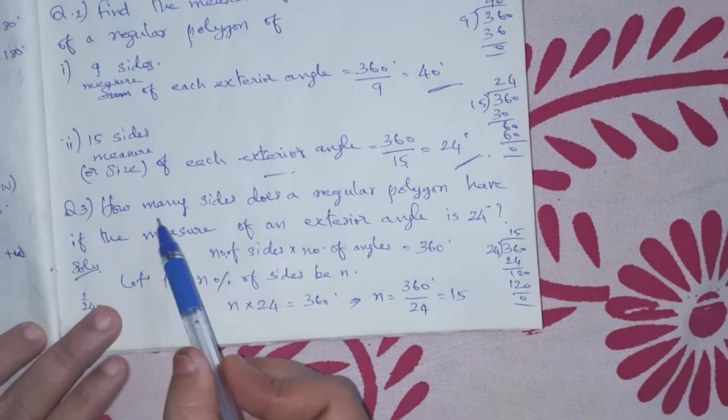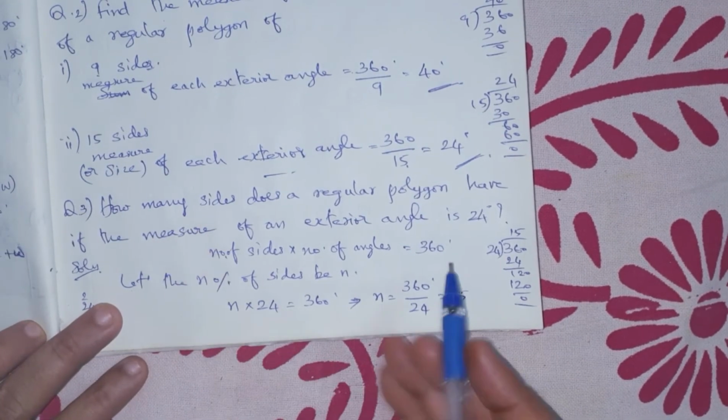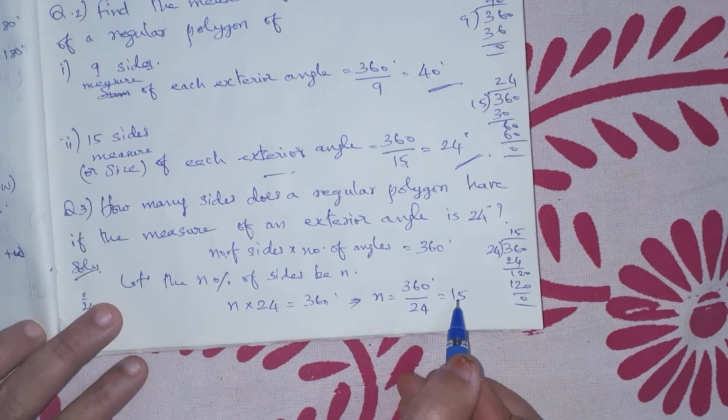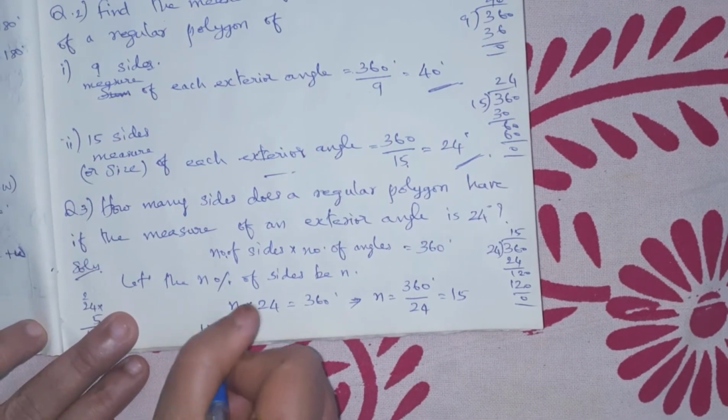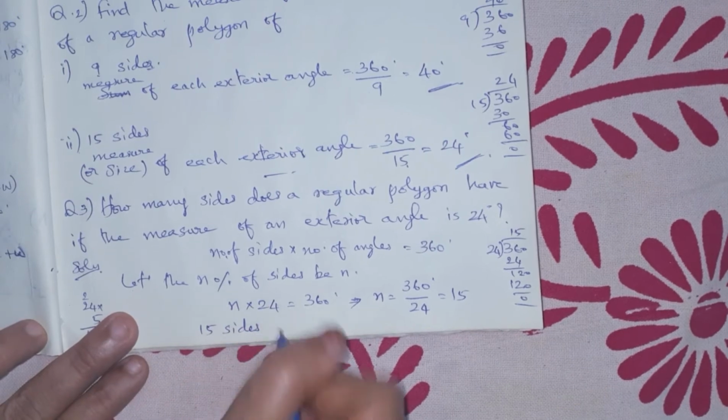What is asked? How many sides. n equals 15 means 15 sides. The answer is 15 sides.